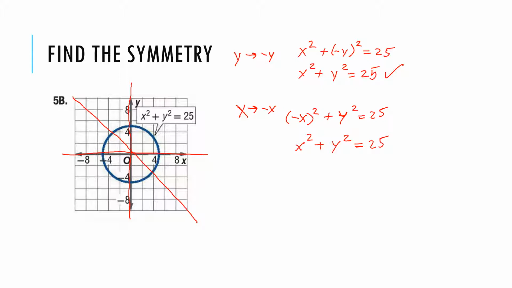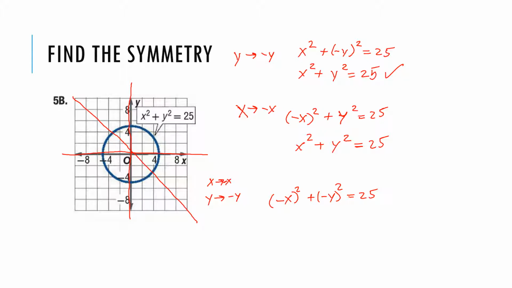And finally, if I replace both, so x goes to negative x and y goes to negative y, I'm going to get negative x squared plus negative y squared equals 25.